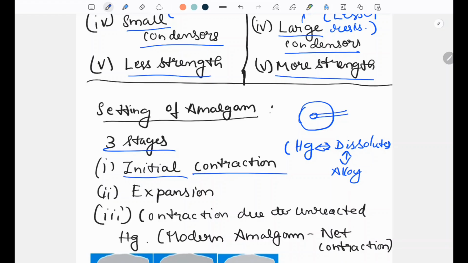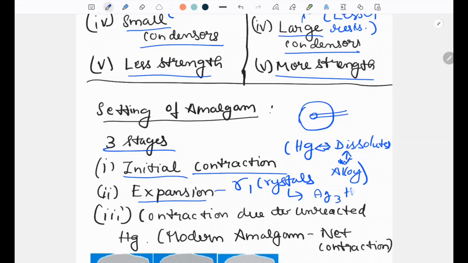There is initially a bit of contraction and then expansion occurs, because the gamma 1 crystals are formed and they impinge on each other. So what is gamma 1?